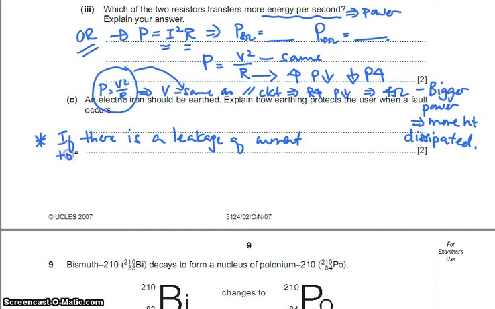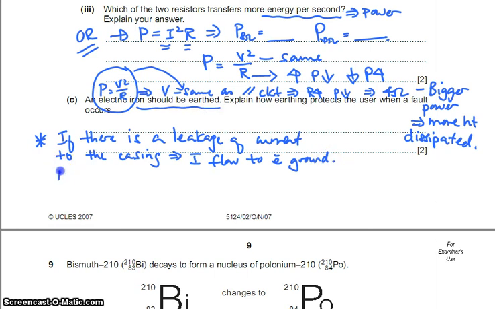So you must say to the casing. Then you can say that the current will flow to the ground or earth. Because I asked you why it should be earth. So you say flow to the earth.